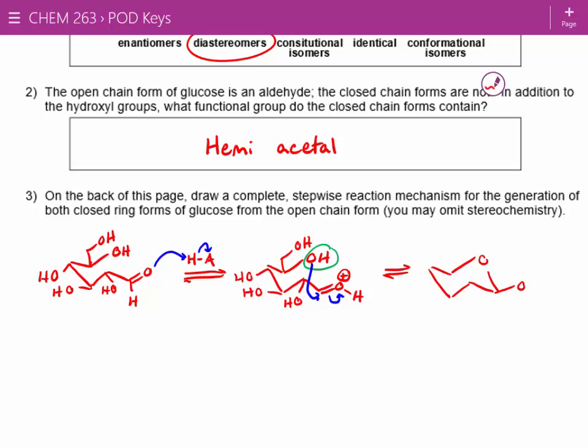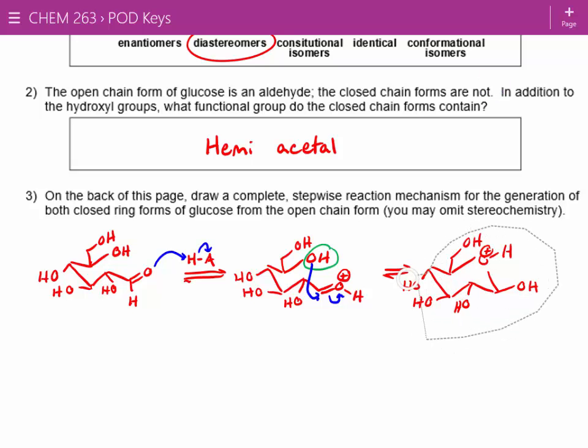That'll stick this alcohol out here. Now we've got an oxygen that's positive.